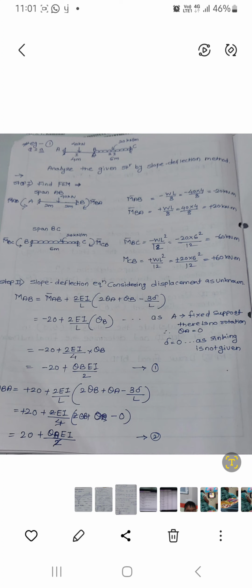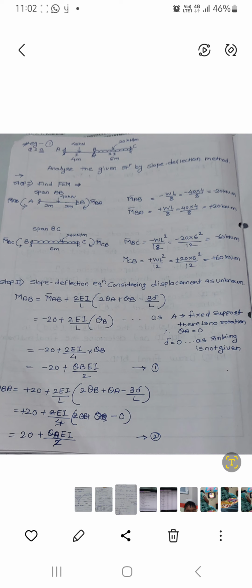That means for the span A to B, next for the span B to A, again the next for the span B to C, and reverse C to B. As two spans are given in this problem, we have to formulate four slope deflection equations. So let's start with the slope deflection equations.